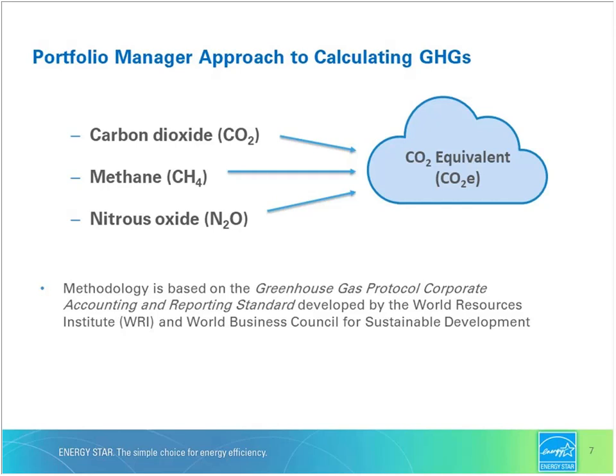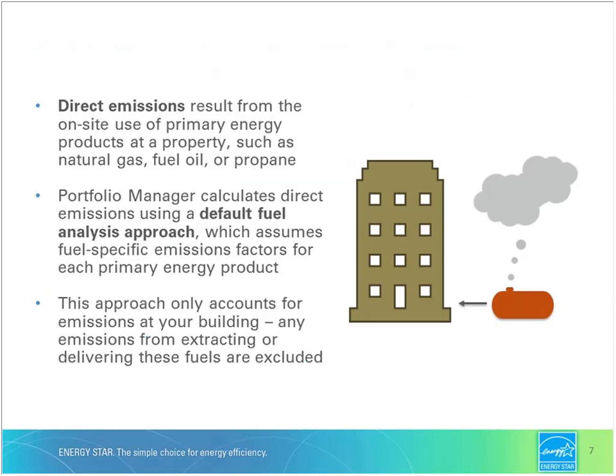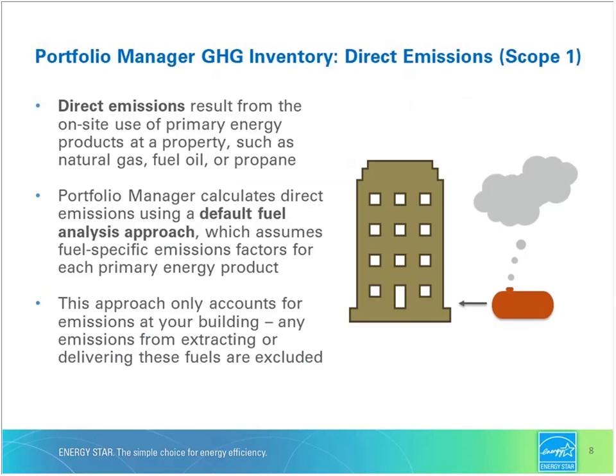Notably, Portfolio Manager does not account for any emissions resulting from on-site vehicle use, any industrial or manufacturing processes, or from fugitive refrigerant emissions resulting from a building's use of refrigeration or air conditioning equipment. These are important contributors to an organization's greenhouse gas footprint, but they are outside the scope of what gets tracked in Portfolio Manager.